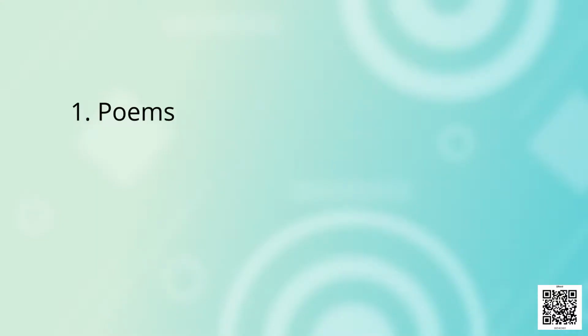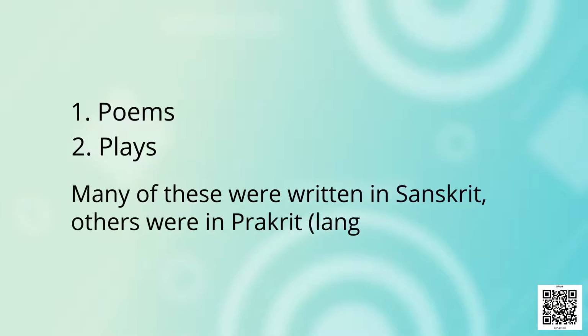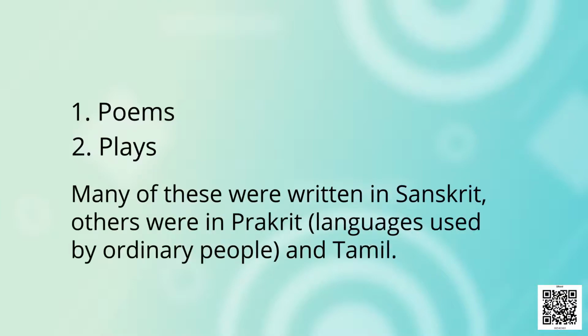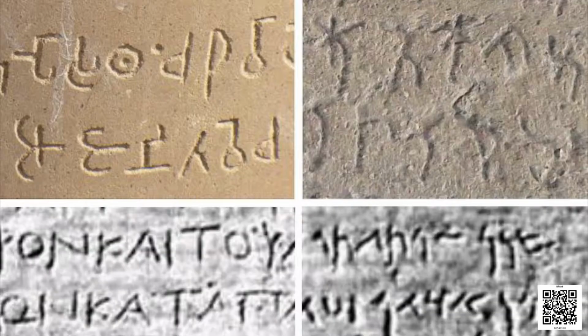These books dealt with all kinds of subjects: religious beliefs and practices, the lives of kings, medicine and science. Besides, there were epics, poems and plays. Many of these were written in Sanskrit, others were in Prakrit and Tamil. We can also study inscriptions.